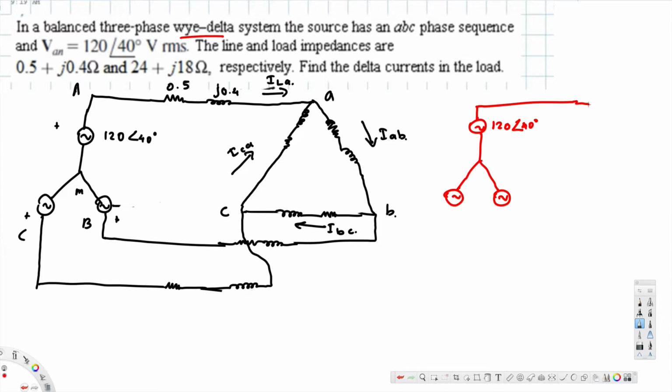Now if I convert the impedance into Y, I have to divide this one by 3. Here the line impedance is 0.5 plus j0.4, and then we have the load impedance, that is 24 plus j18.